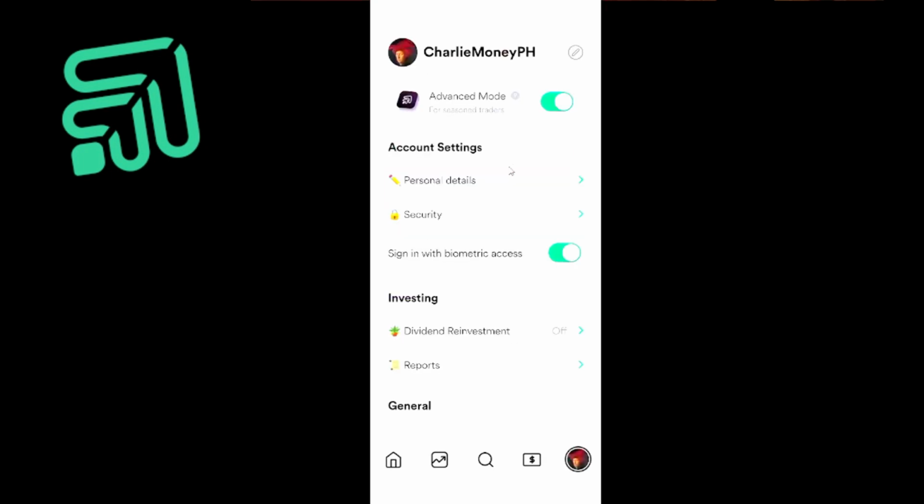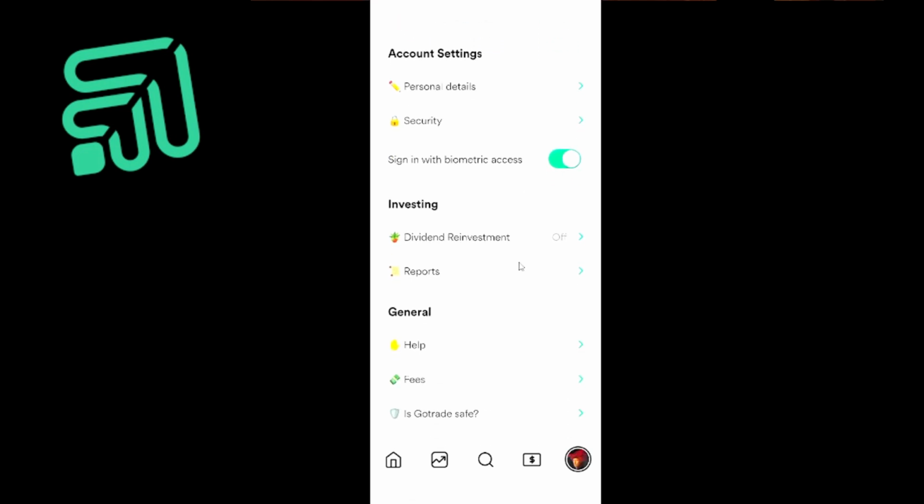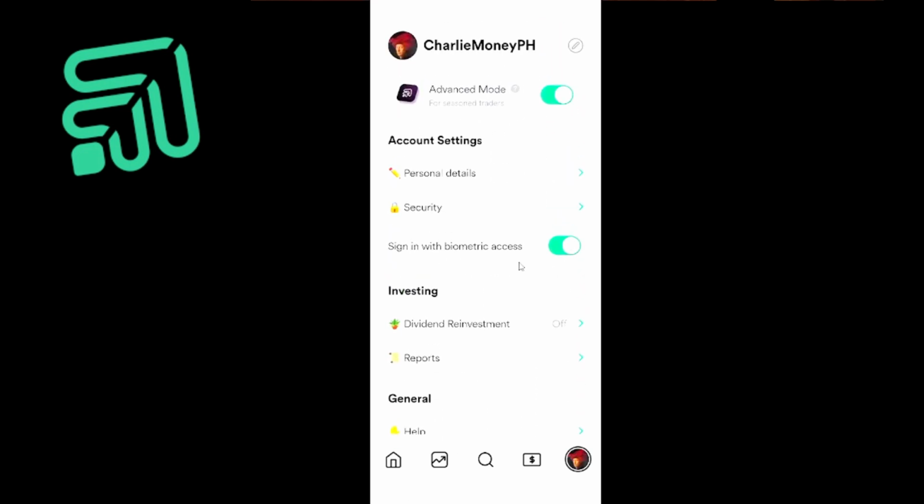What else? If you click your icon, this one, you'll have your stuff here. I'm not gonna click it. So you got your personal details. You click advanced modes to participate in pre-market and after hours trading.